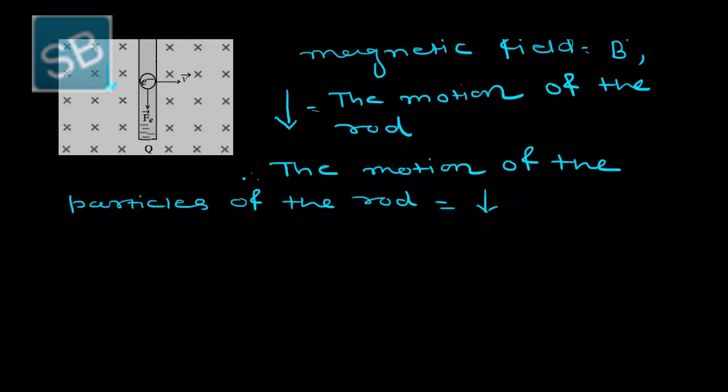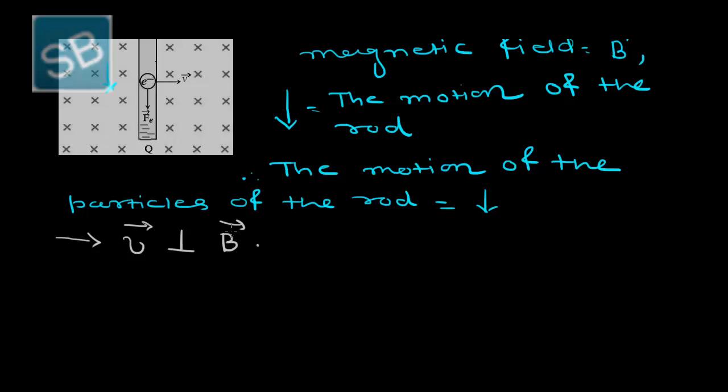Now you have to consider one more thing: in the present case the velocity is perpendicular to the magnetic field. See the direction of velocity and the direction of magnetic field. Both are perpendicular to each other. So this is a very important case.